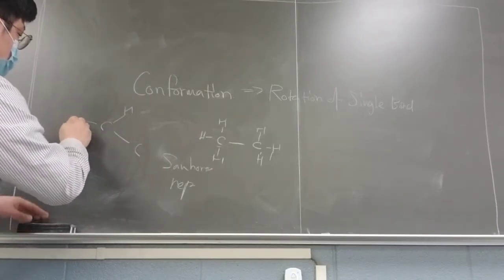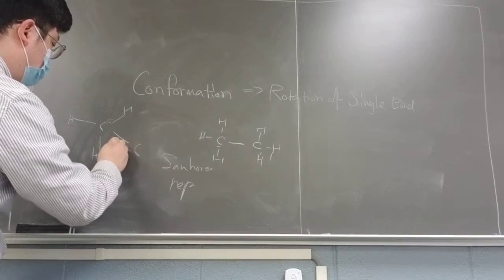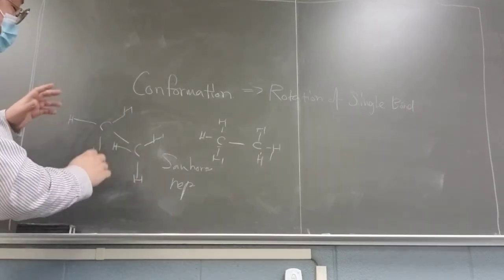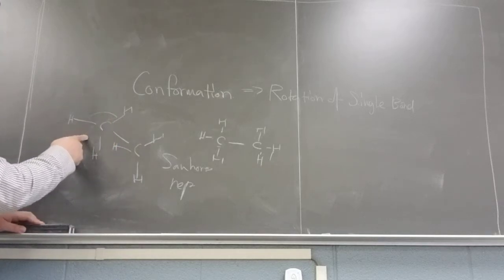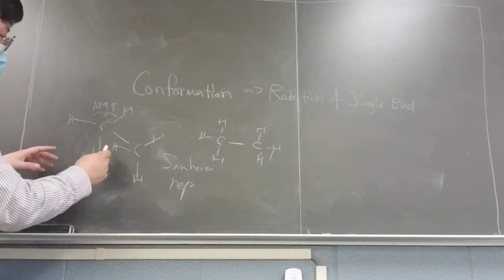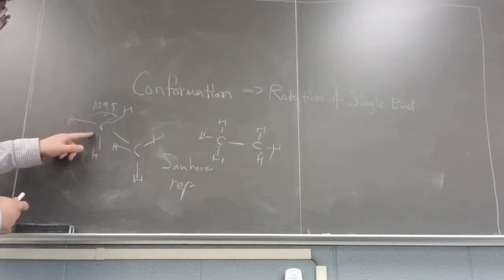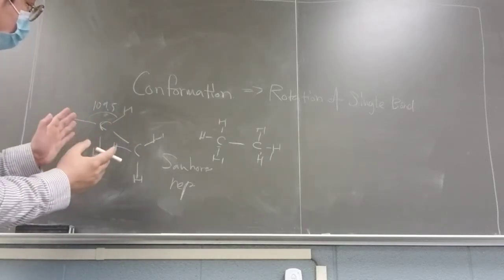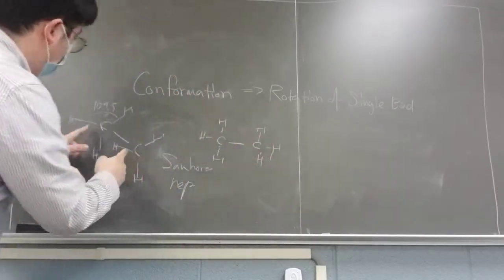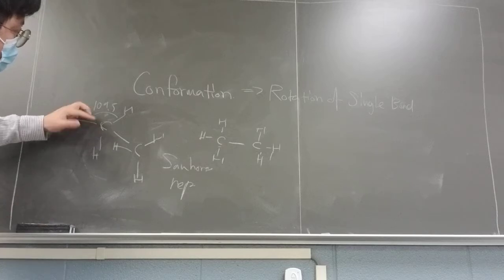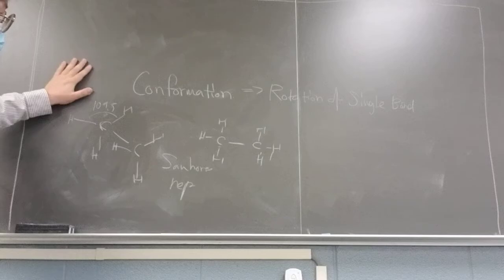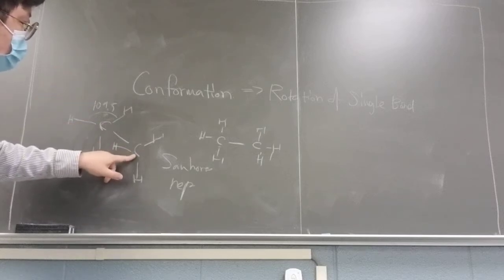If you have this one, so this will be about this degree, right? This is a tetrahedral structure, right? And you can think you're looking at this one in this way. So this carbon is on the back, like the back side of this board, and maybe this is on the front.